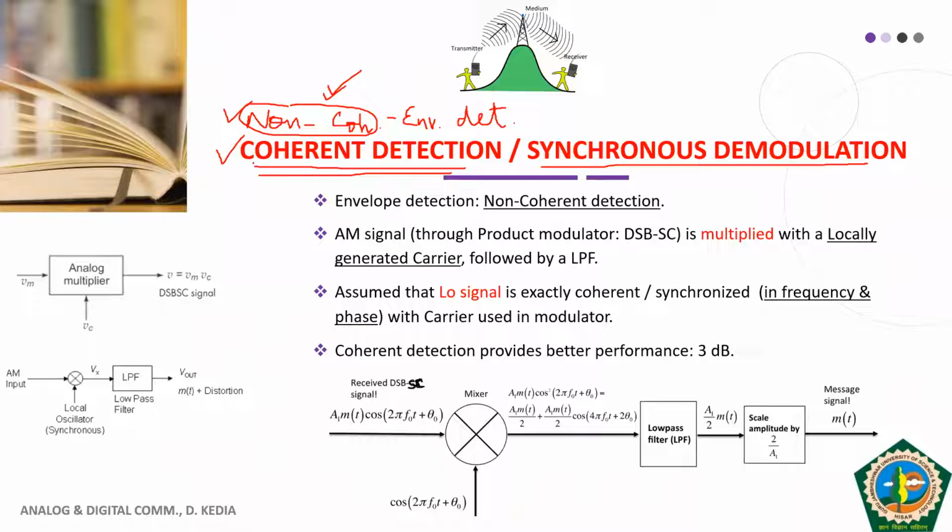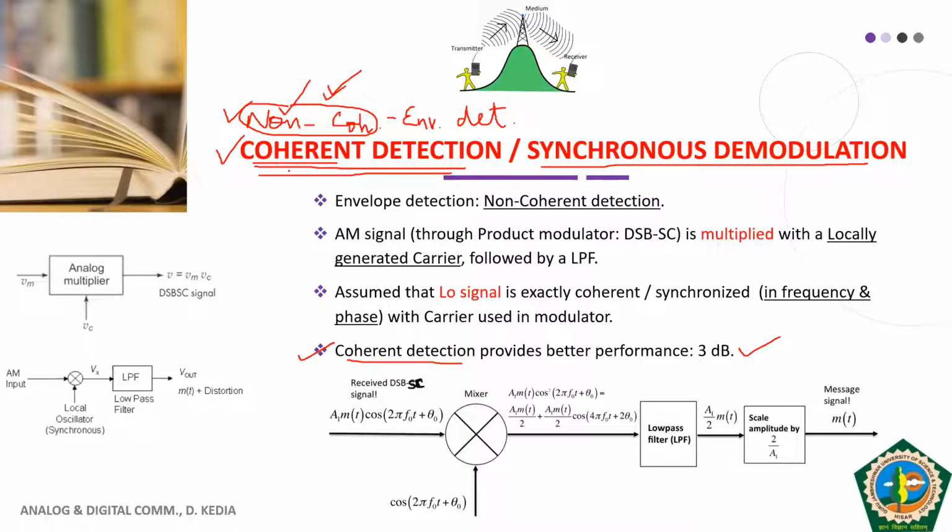The performance of coherent detection is better than non-coherent, as shown in the slide, a 3 dB performance improvement. But coherent detection is also more difficult as compared to non-coherent.